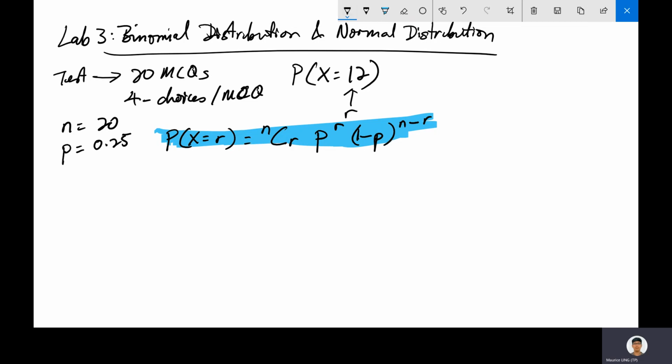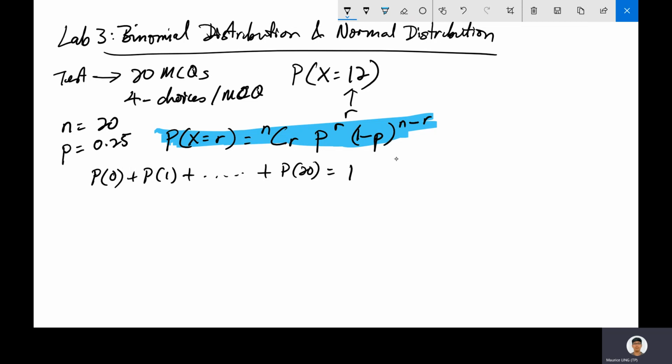What this also means is, if you calculate the probability of getting 0 marks plus the probability of getting 1 mark, all the way to the probability of getting full marks, it is going to equal 100%, right? You're always going to get between 0 to full marks.